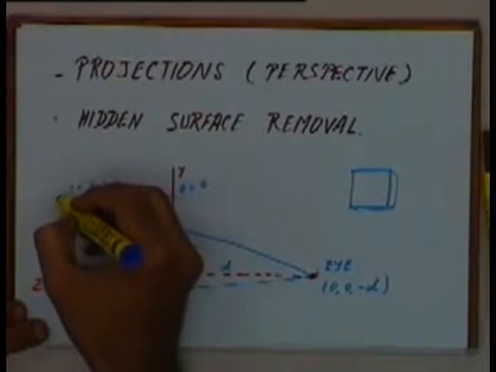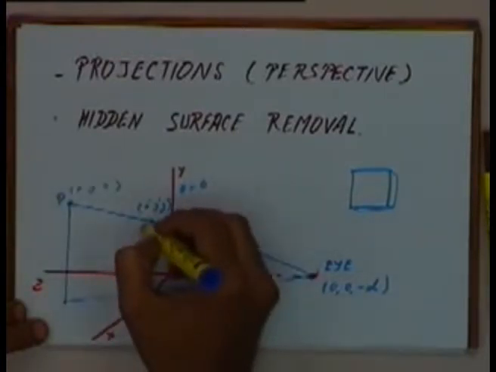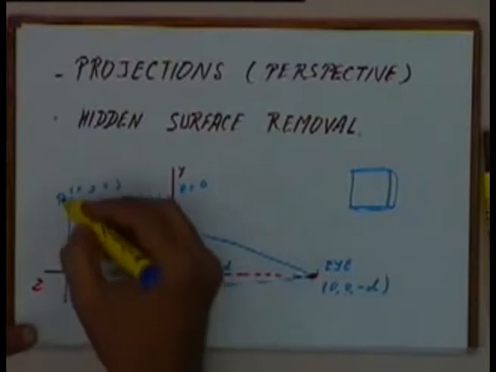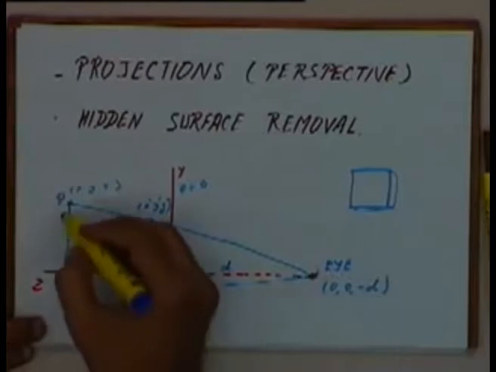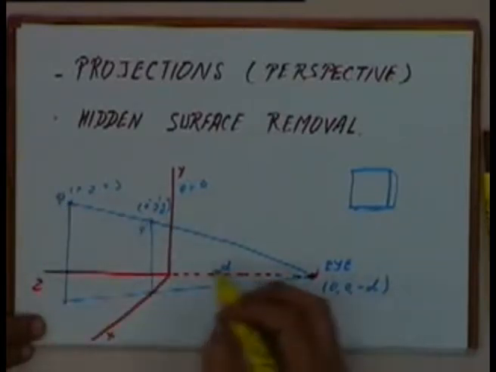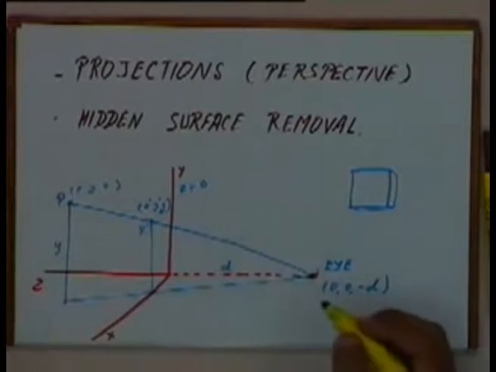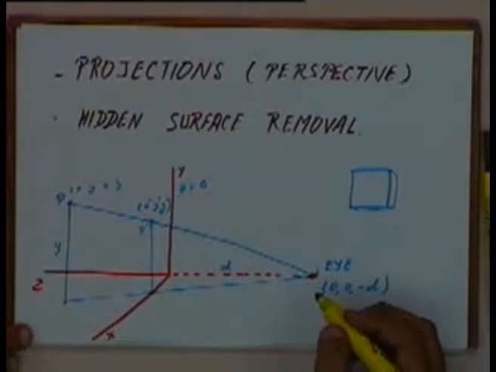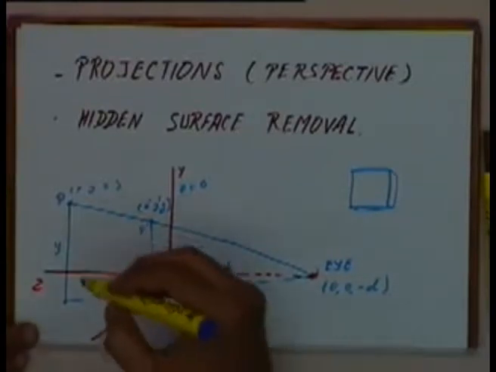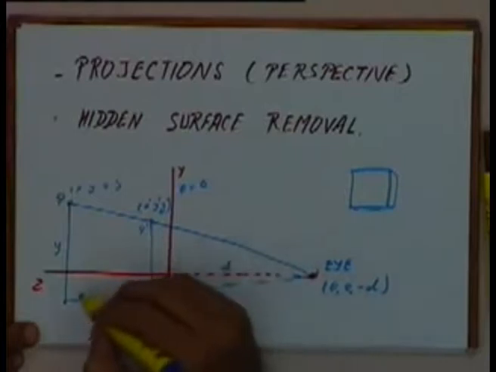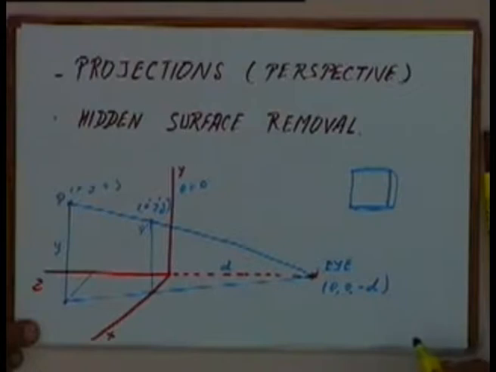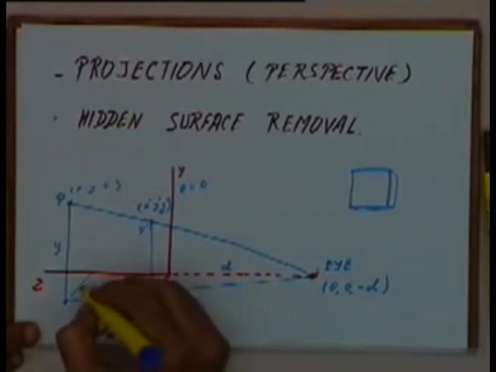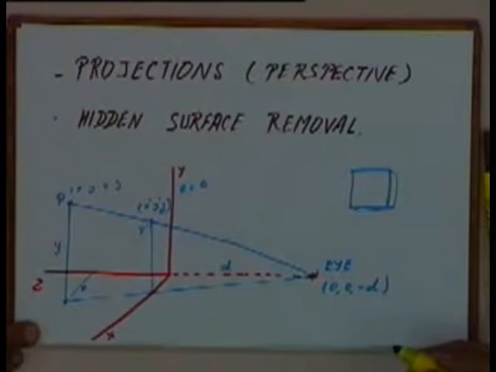From this point P, I have drawn a perpendicular onto the xz plane. This vertical distance will be equal to y. Similarly, from this point if I draw a line parallel to the x axis, this distance will be equal to x.